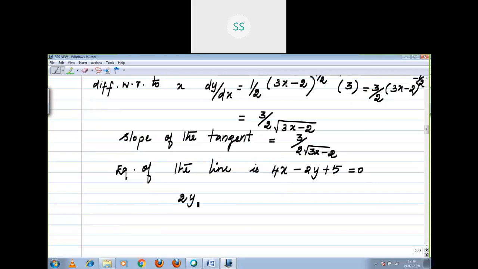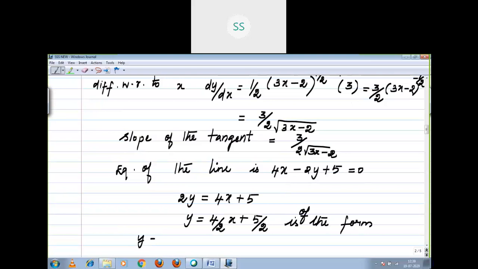So 2y equal to 4x plus 5. Then y is equal to 4 by 2 into x plus 5 by 2, which is of the form y is equal to mx plus c.